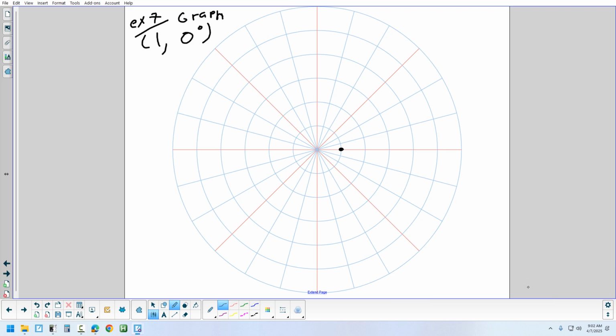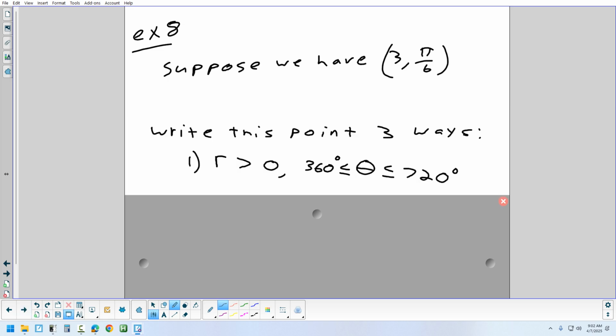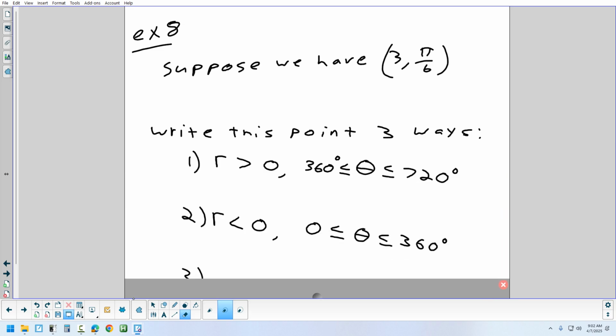All right, the important thing to understand in polar is there are many ways to get to the same point. So I want to try writing the point (3, pi over 6). We're going to write it 3 different ways. Let's do it where the radius is positive and the angle is between negative 360 and 0.